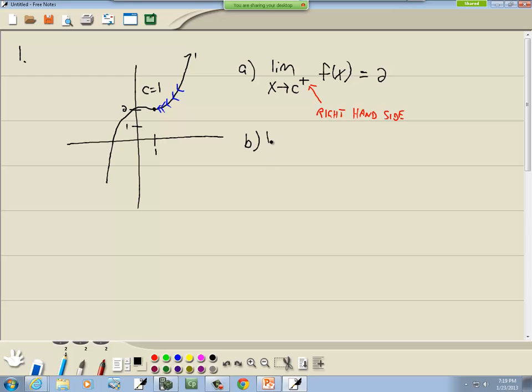Now part B says we're taking a look at the limit as x approaches c from the negative side. And you can probably figure out what that is. If the plus is from the right-hand side, then the negative here will be from the left-hand side.